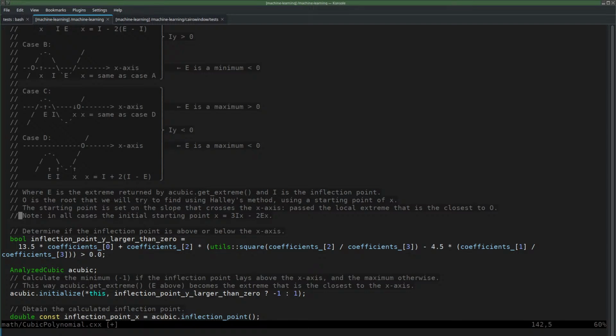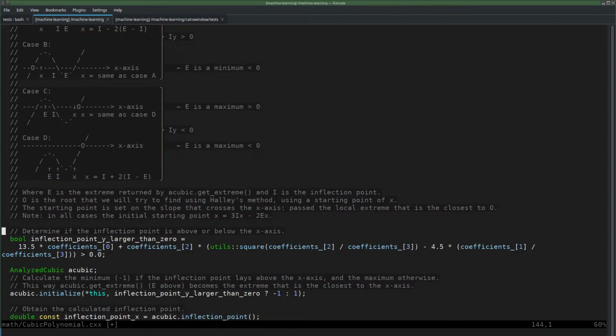Oh yeah, okay. In all cases, initial starting point is 3 times the inflection point x coordinate minus 2 times the extreme x coordinate. Determine if the inflection point is above or below the axis.